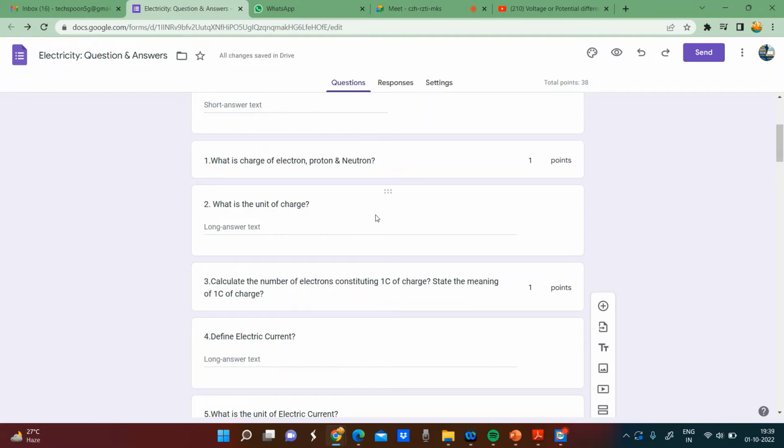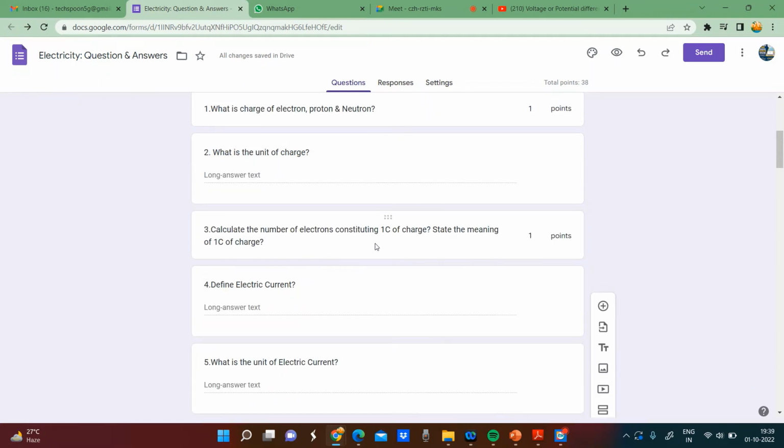Third question. Calculate the number of electrons constituting 1 coulomb of charge. State the meaning of 1 coulomb charge. Right? This was the third question. How will we calculate the number of electrons? Let me assume.